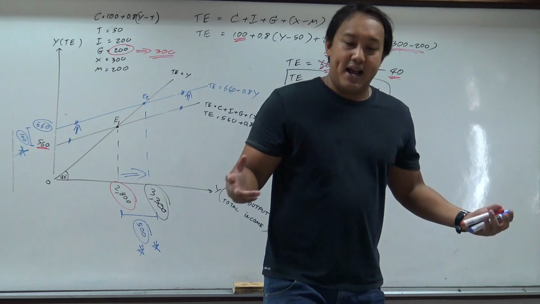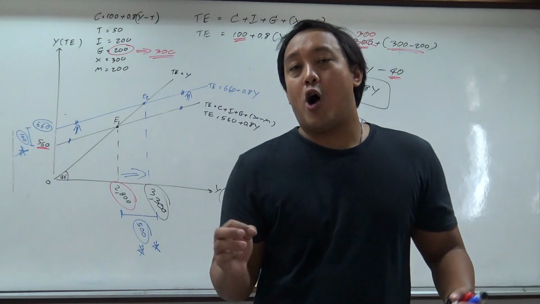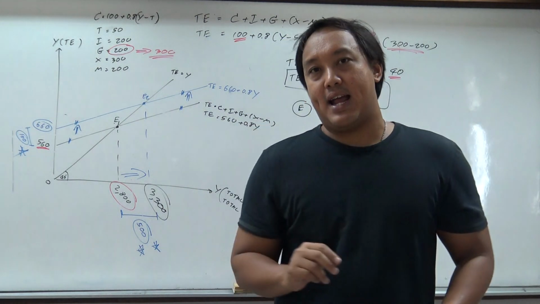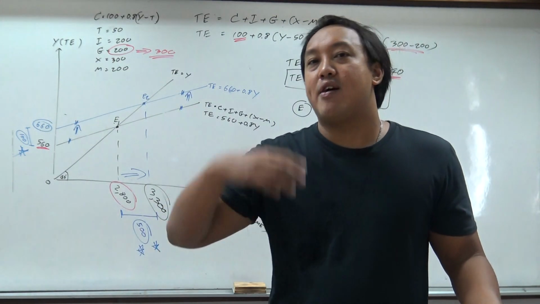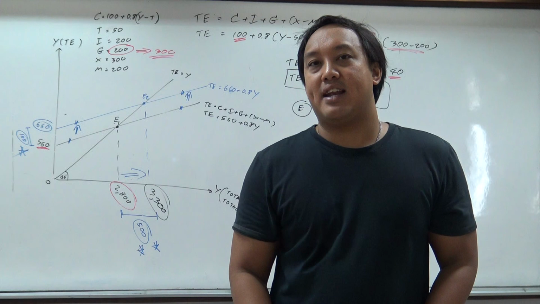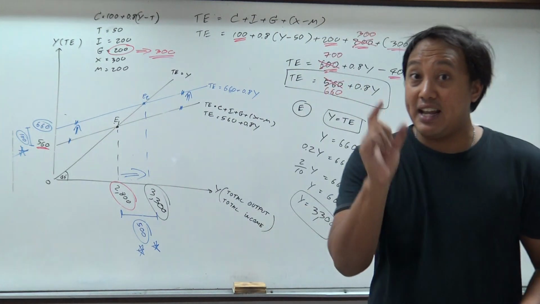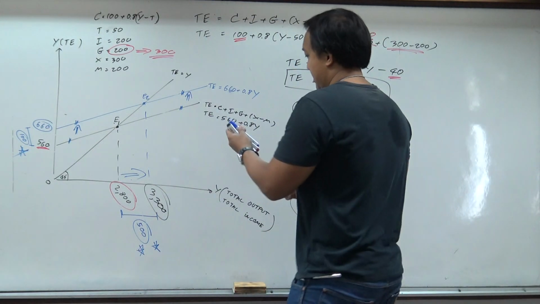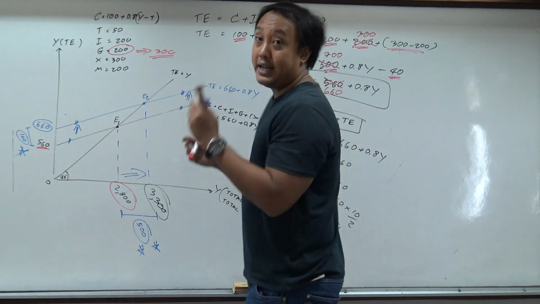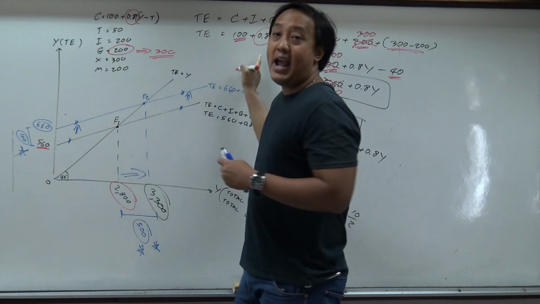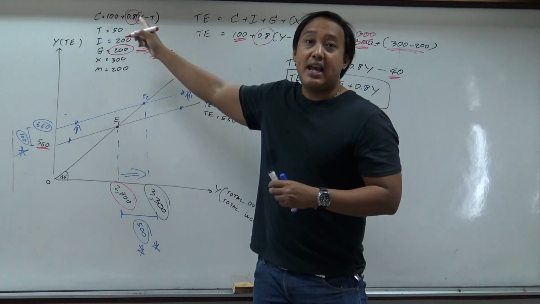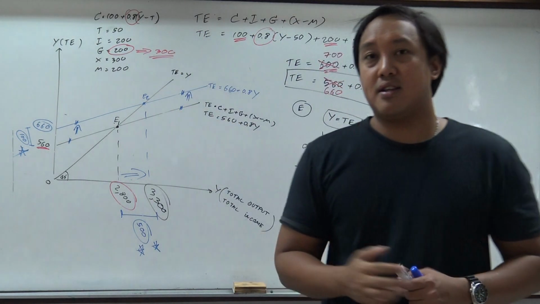So why, when the government spends only 100 more, can the whole economy generate more than that, 500? The key point is MPC, or 0.8, in the consumption equation.